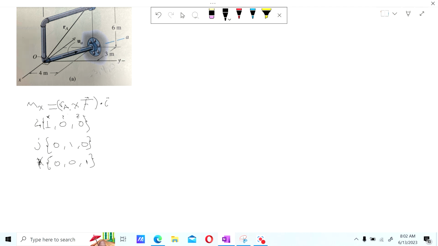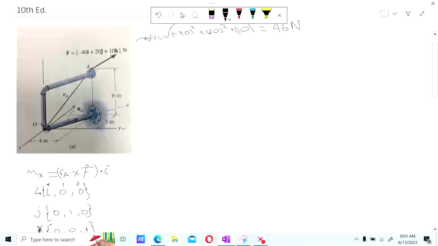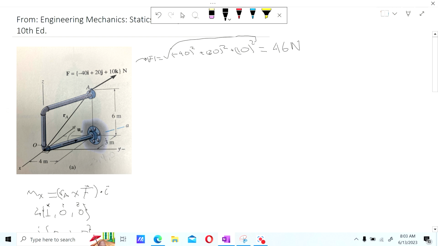For a, we'll have to find that in a minute, but it's given by these distances. It has 0 component in k, but has a component in x and another in y. All right, so let's go ahead and solve for the moment around x.